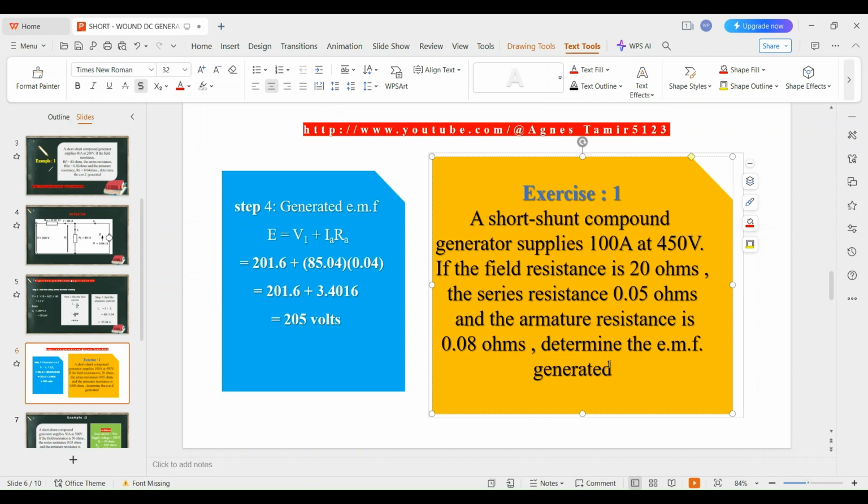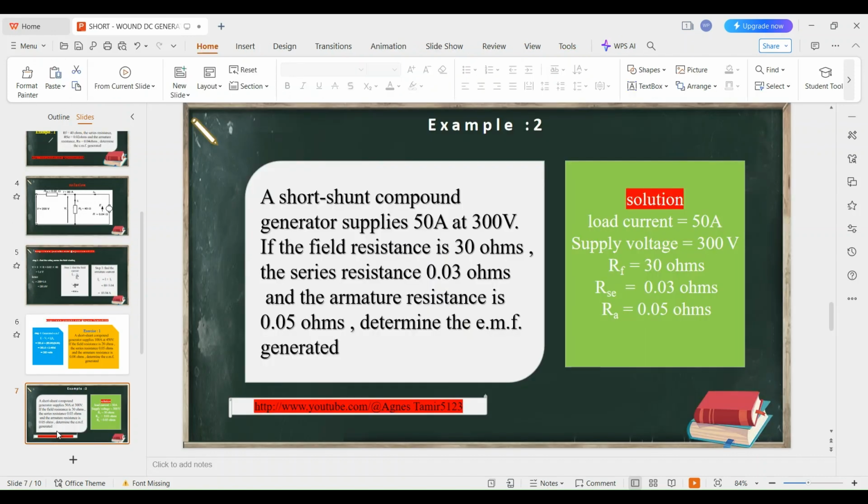So let's look at our second example very fast. Example number 2 says a short shunt compound generator supplies 50 amperes at 300 volts. If the field resistance is 30 ohms, the series resistance is 0.03 ohms and the armature resistance is 0.05 ohms, calculate the EMF generated, or in other words, determine the EMF generated.